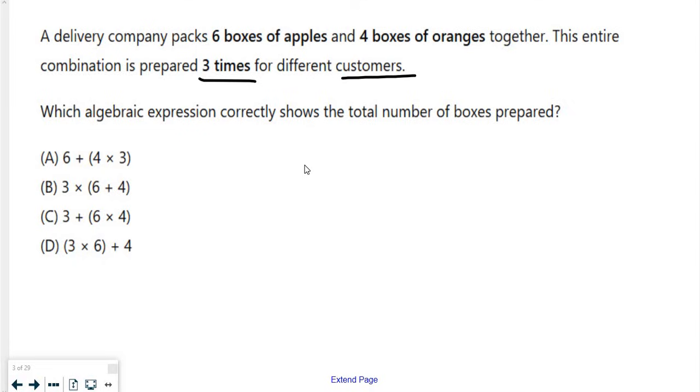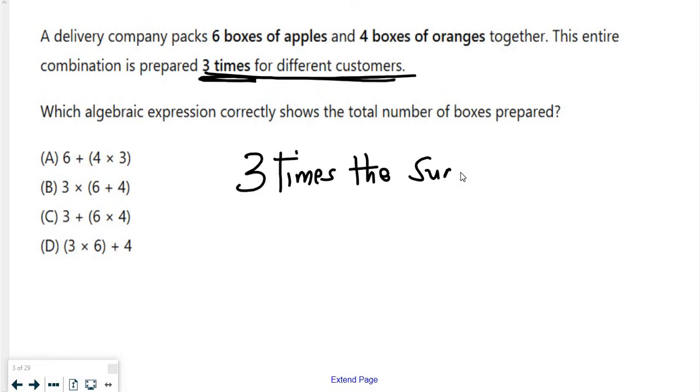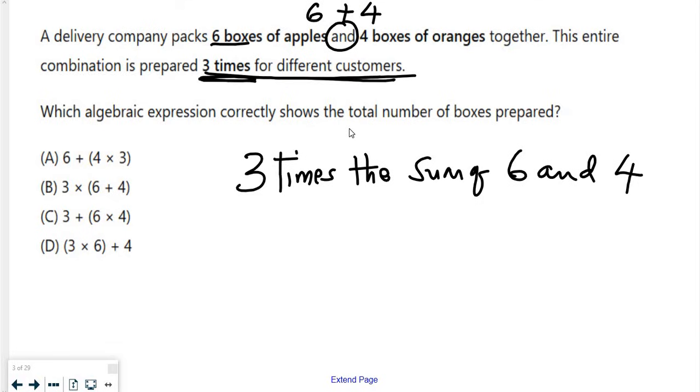What you are supposed to do in this case is, this in other words says 3 times the sum of 6 and 4. Why? Because a delivery company packs 6 boxes of apples, and means plus. So you will have 6 plus 4.